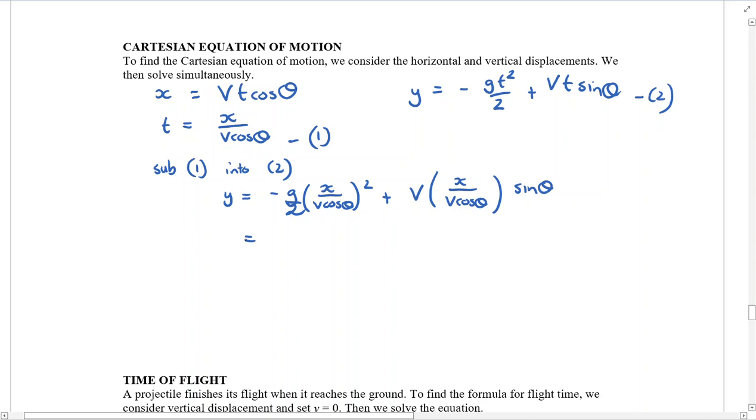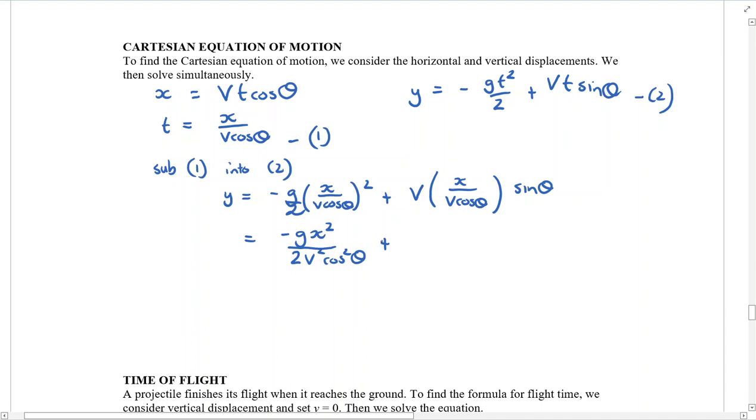Squaring the bracket means I square the x and I square the v and the cos. So I have minus gx squared on the top and 2v squared cos squared theta on the bottom. I push the two fractions together.